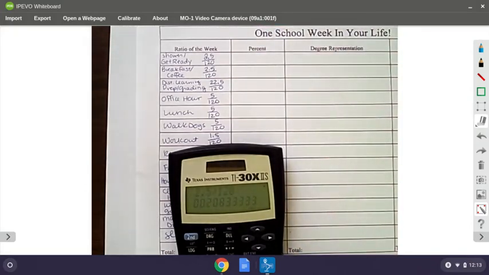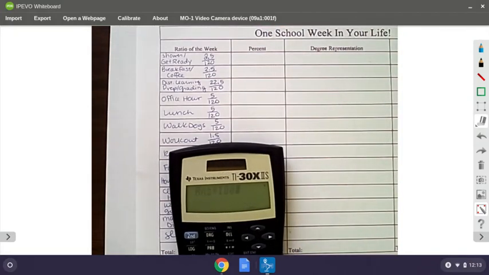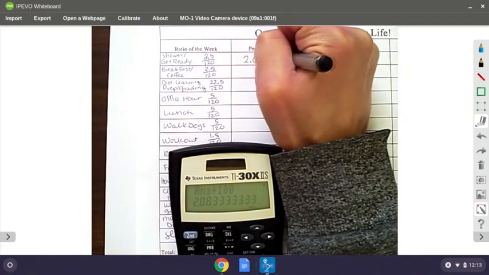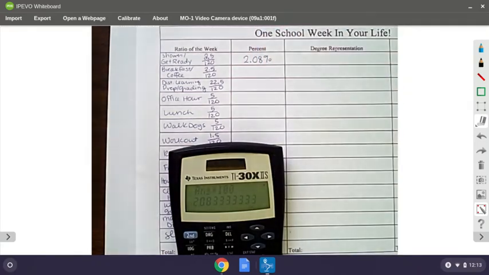And then you're going to take that and multiply by 100, or you can just move the decimal over. So this is about 2.08%. So I spent about 2.08% of my time showering and getting ready.